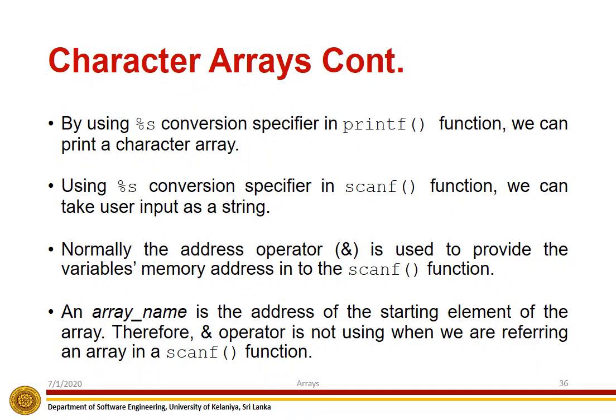An array name is the address of the starting element of the array. Therefore, the address operator is not used when we are referring to an array in a scanf function. I have discussed these things in the scanf function also. For array names, we are not using the address operator.